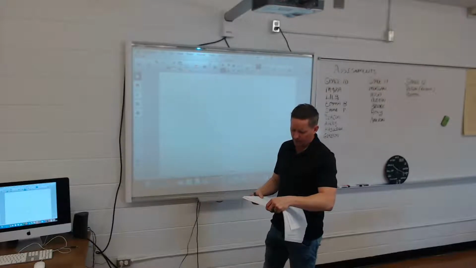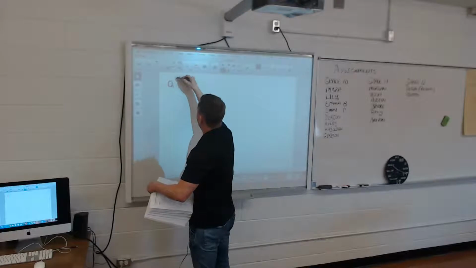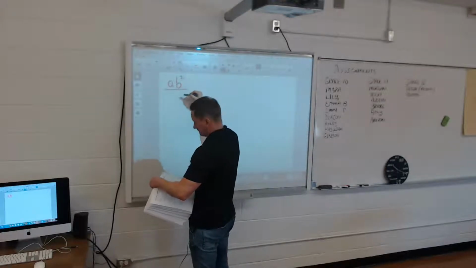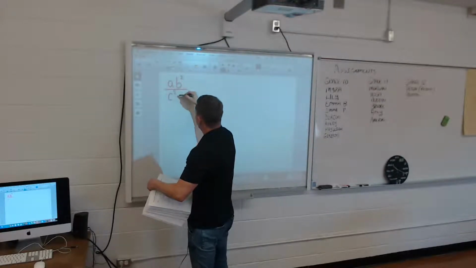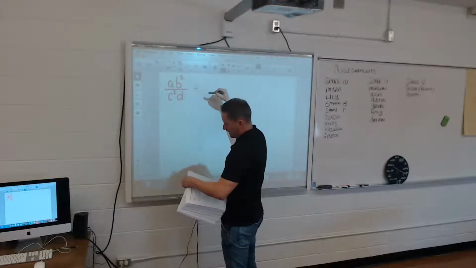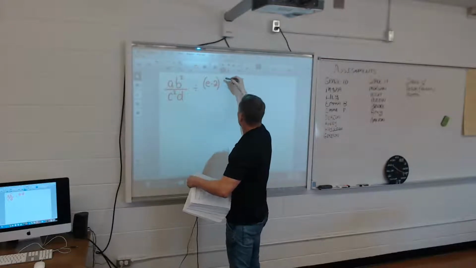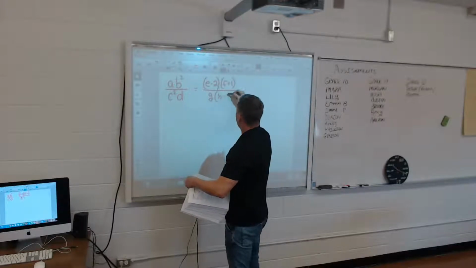So working example 2, all it wants is its non-permissible values. So I've got AB squared C squared D divided by E minus 2 F add 1 G H minus 6.